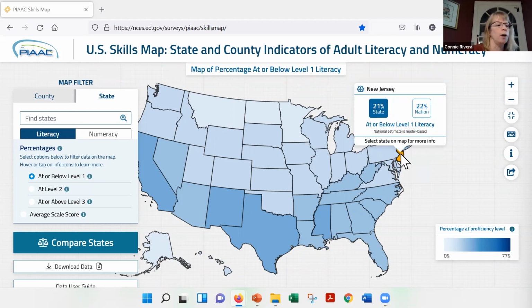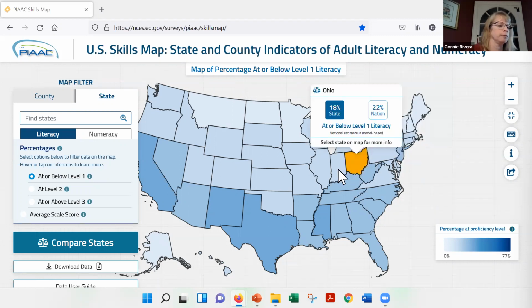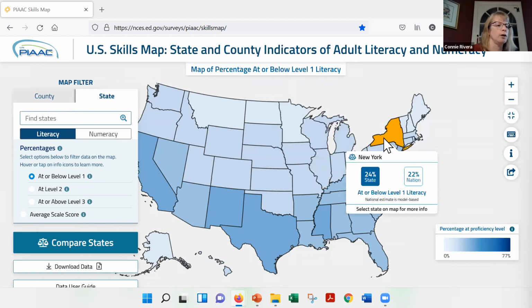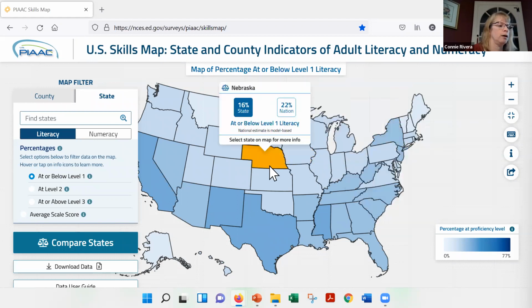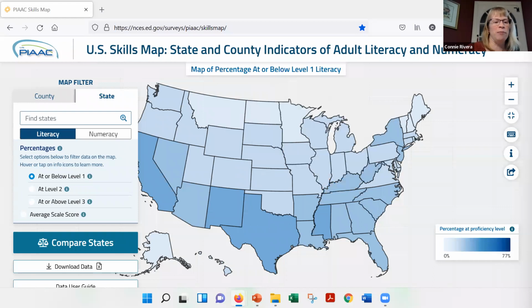At or below level 1, 21% in the state, 22% in the nation. I also saw New York earlier. Oh, I found it. I know I saw Nebraska, but I didn't want to say it out loud until I was sure which state that was. Yes, I will put the map link in the chat again. It's flying by with everybody giving predictions.